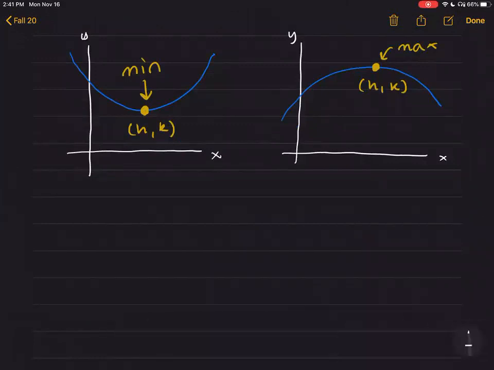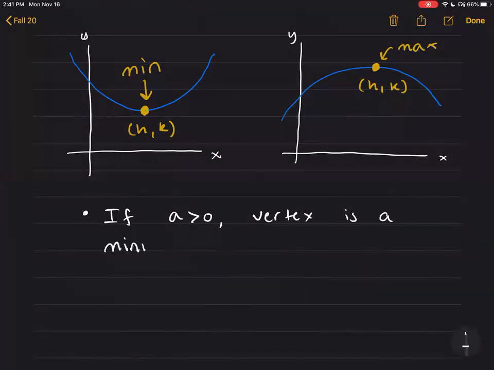So let me write out some general rules that I've said verbally. If a is greater than 0, so if it's positive, the vertex is a minimum, and the minimum value is k.